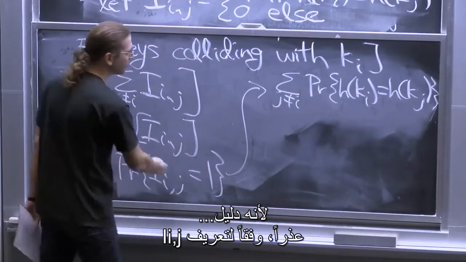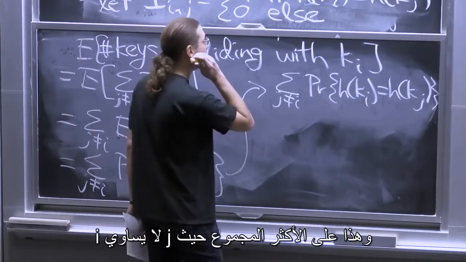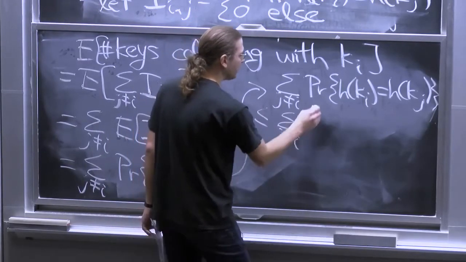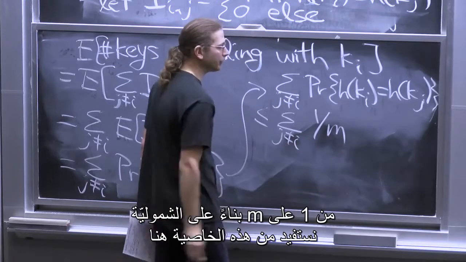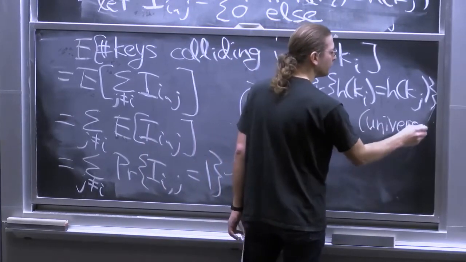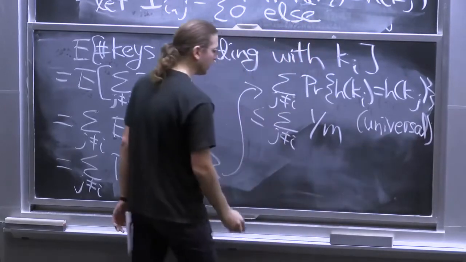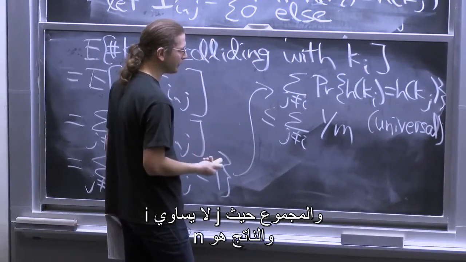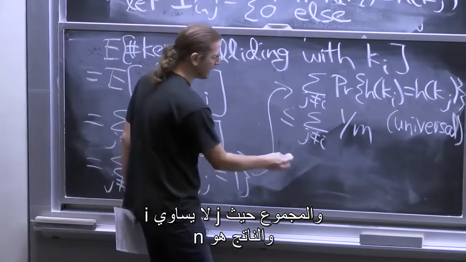Sorry, that's the definition of Iij. And this is at most sum j not equal to i of 1 over m by universality. So here's where we're using it. And sum of j not equal to i, well, that's basically n.